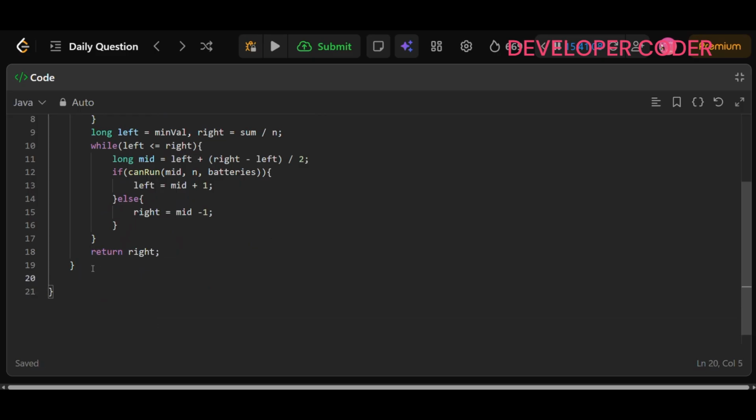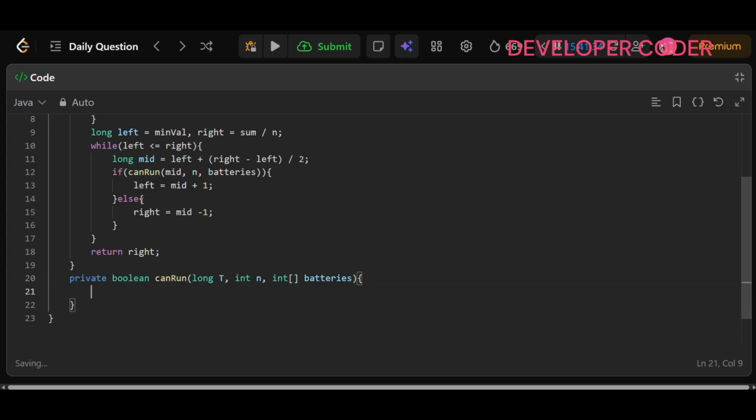And now it's a very simple canRun method we need to write, okay? So private boolean canRun, with parameters long t, int n, and int batteries.